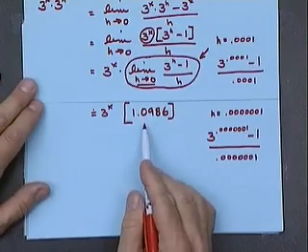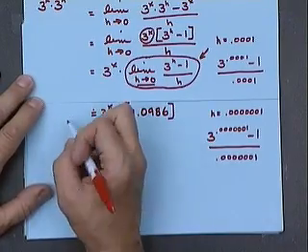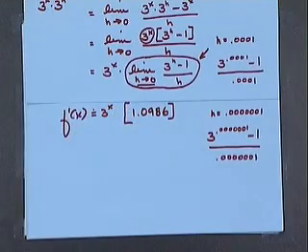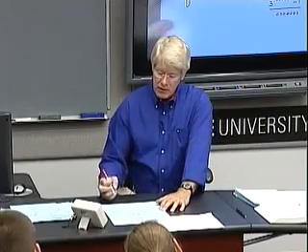I think we've done pretty well with 1.0986. And it's an approximation, okay? We didn't use the smallest value we could possibly use for h because we tried that and we got 0 over 0, so that wasn't going to work.